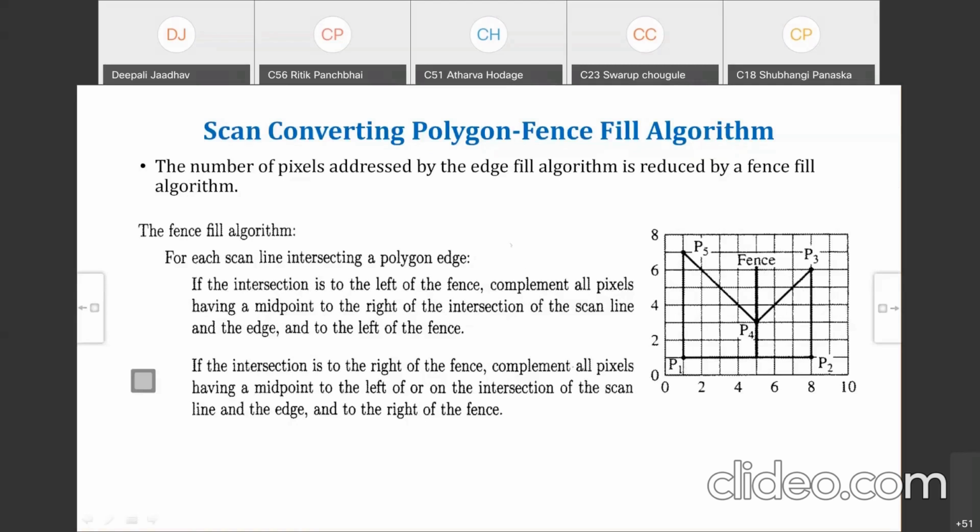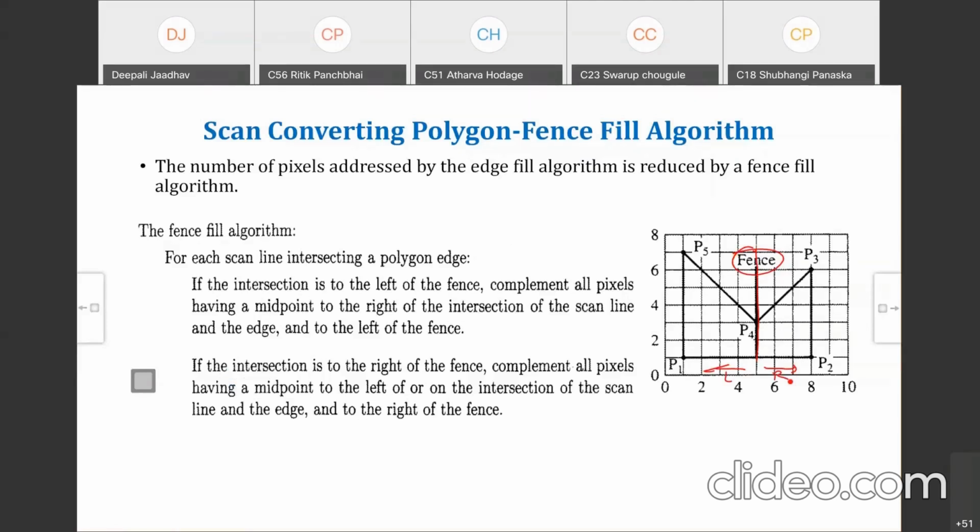In the fence-fill algorithm, the first concept is that one fence is used. You can observe here this side is known as a fence. It divides the polygon into two parts, this we call the right part, and this we call the left part. So that fence is used here.